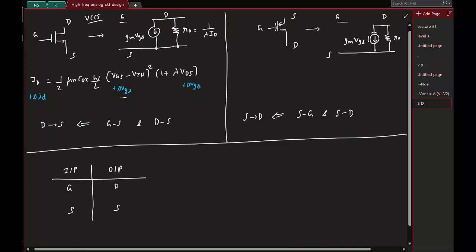So this basically gives us a few combinations to play around with, right? I can apply the input at the gate, see the output at the drain; apply input at the gate, see the output at the source; and this is the last combination. So let's quickly go through all these three.